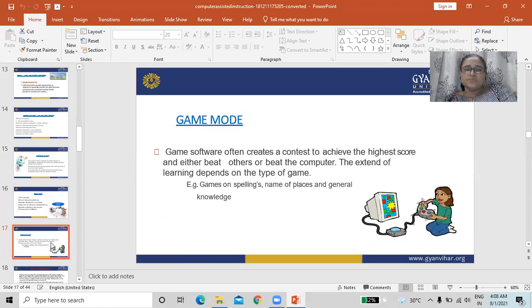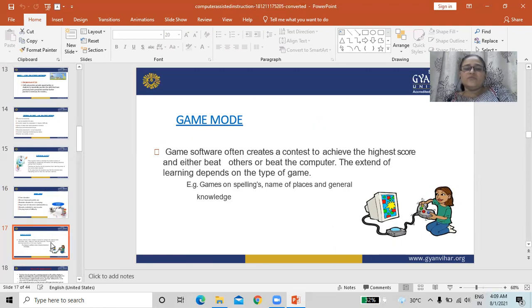Games mode. Game software often creates a contest to achieve the highest score and either beat others or beat the computer.